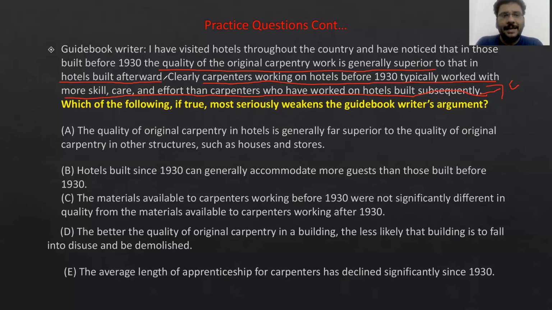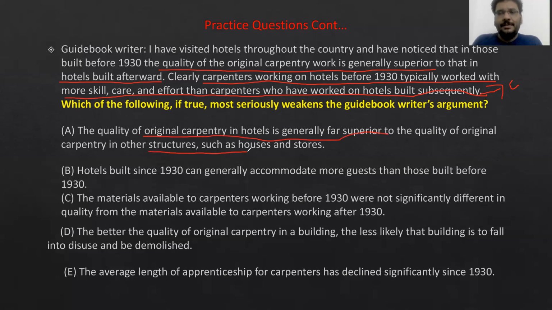So option A says, the quality of original carpentry in hotels is generally far superior to the quality of original carpentry in other structures such as houses and stores. Now, here, we're not concerned whether original carpentry in hotels is superior to other structures.